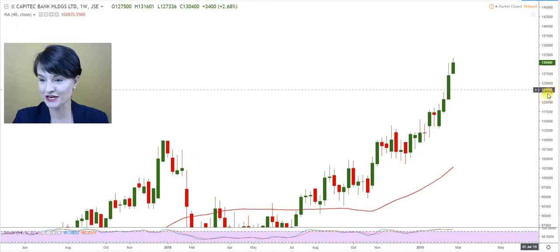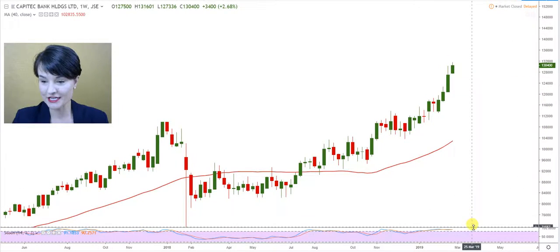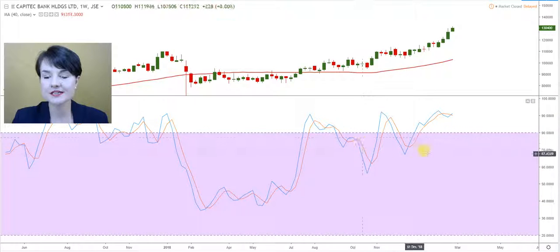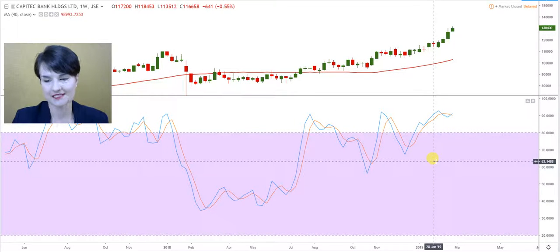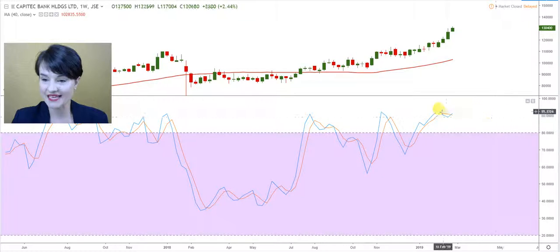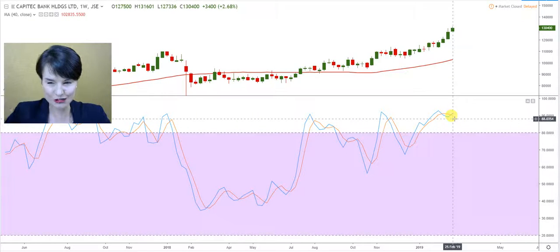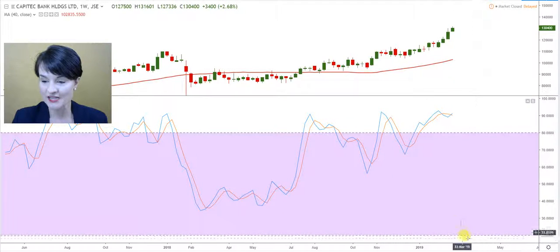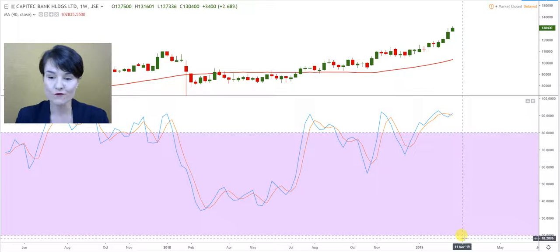Please don't buy the share if you haven't bought it yet. It is extremely overbought on the stochastic indicator. Now, the stochastic indicator works like an elastic band. When it's above an 80 or a 90, it means it's stretched to a side, which makes the probability of the share taking a breather to the downside more likely. When the indicator is oversold, in other words, it's trading below a 20 or a 10, it means it's slack and there's a lot of room for this band to stretch to higher levels.